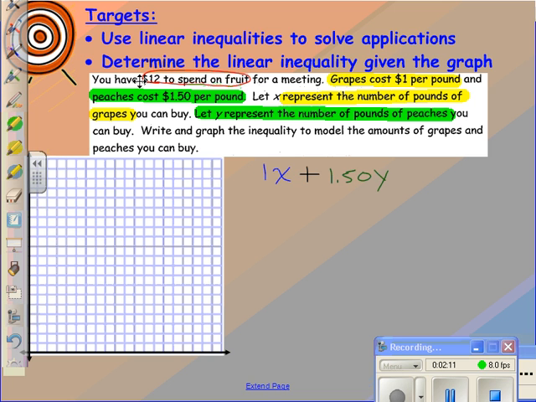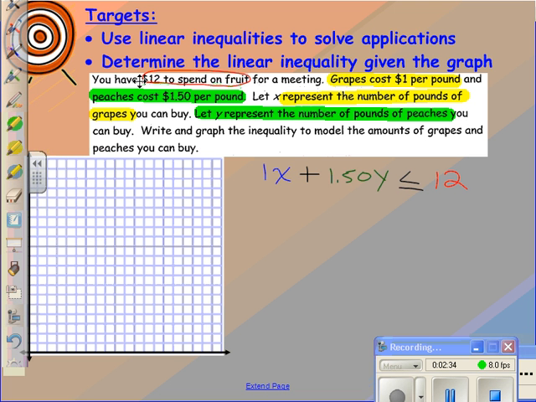And we want all of that to be less than or equal to, because we can't go over our $12 limit. So we would put 12 here. So our whole inequality would be X plus 1.5Y is less than or equal to 12.